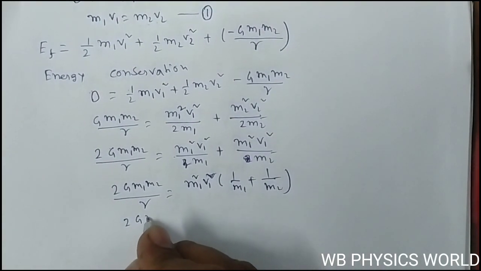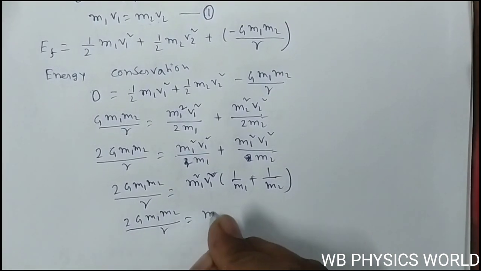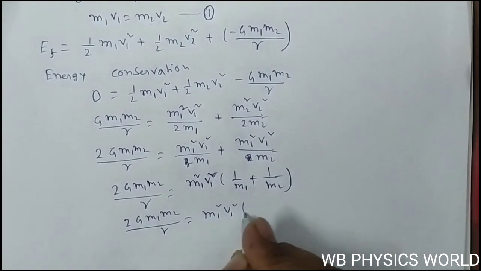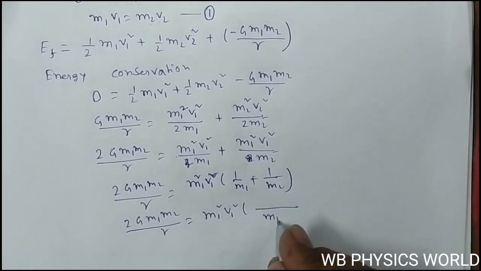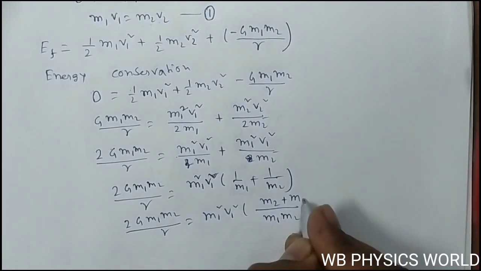So 2G m1 m2 by r equals m1 square v1 square times (1 by m1 plus 1 by m2). The LCM is m1 m2, so this is (m2 plus m1).